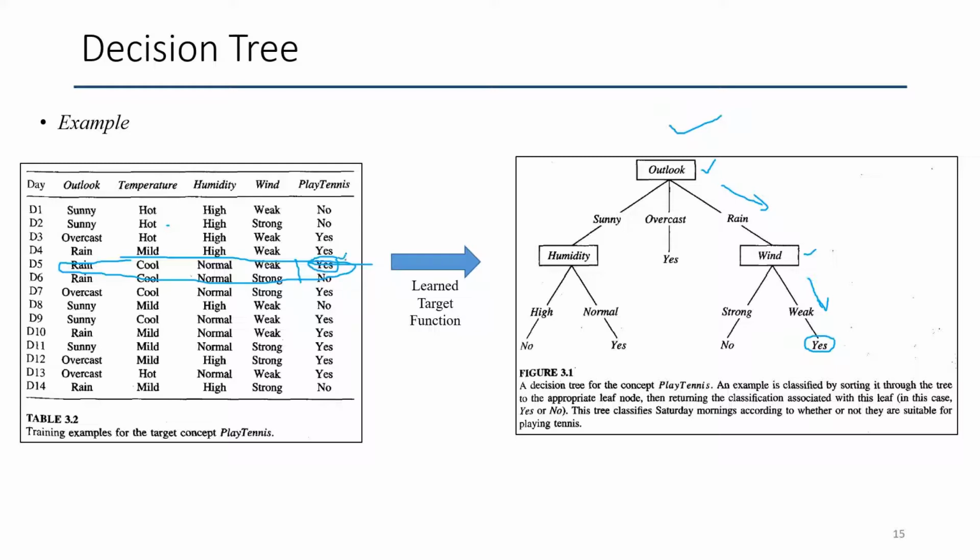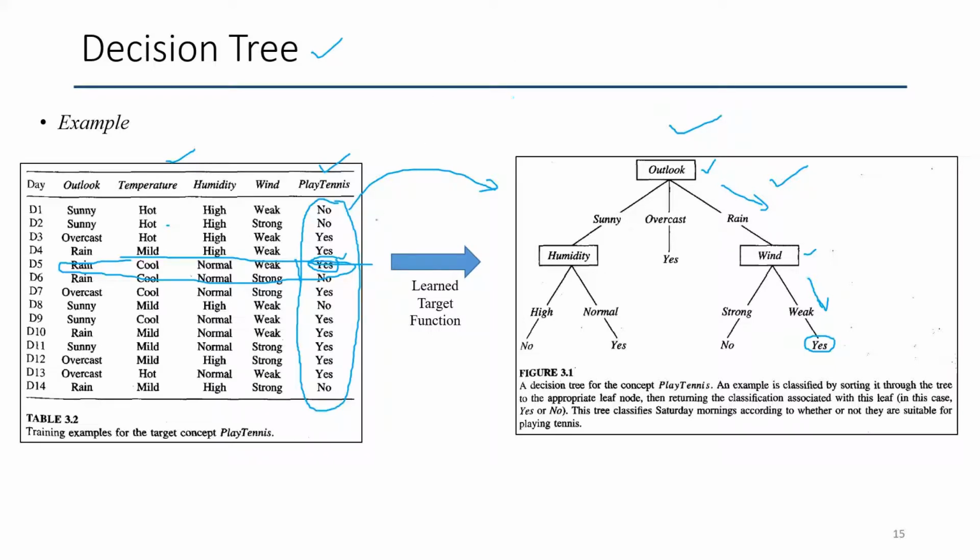So this is how we can predict the value of the target function utilizing this decision tree, which is learned from these data samples. Here we have labeled data, so input and output are given. So decision tree comes under a supervised learning problem. Next thing you have to observe is the target function is discrete valued.